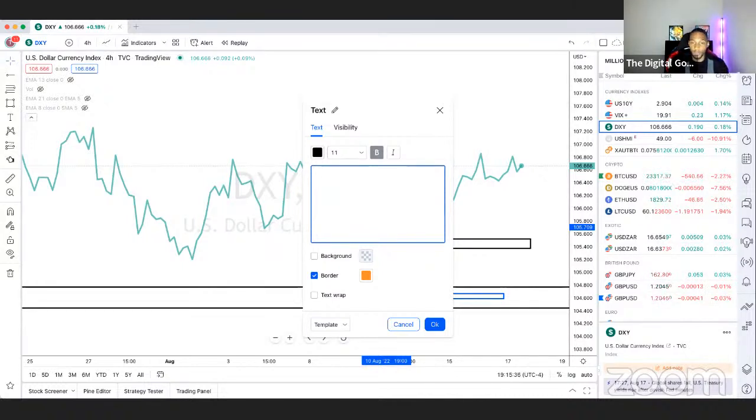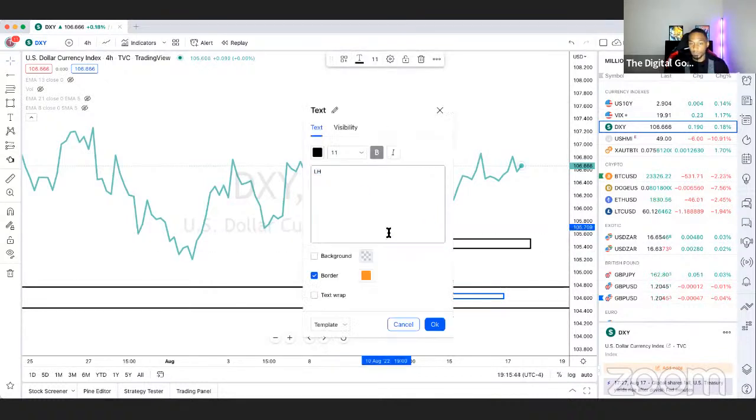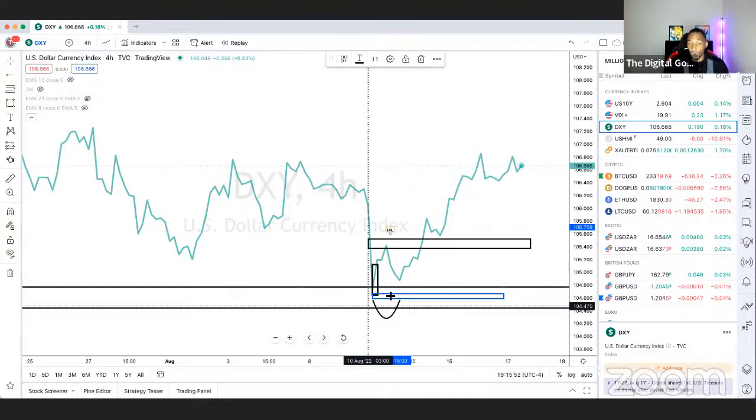So right here we have a lower high. Excuse me, we have a higher low. I always say that backwards. We have a higher low because it's higher than this low, but it sparked from this lower low down here, guys, right?